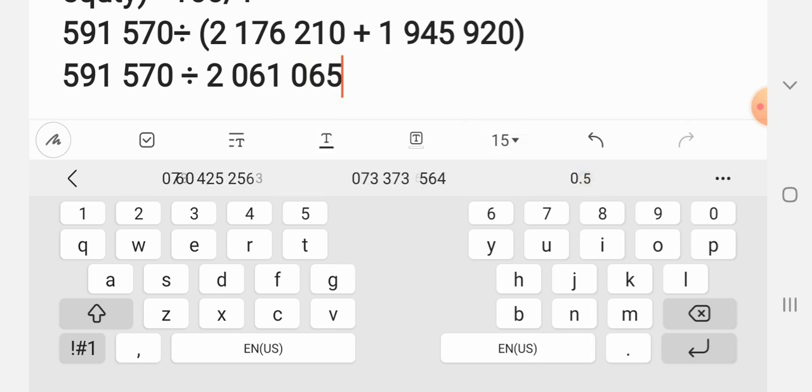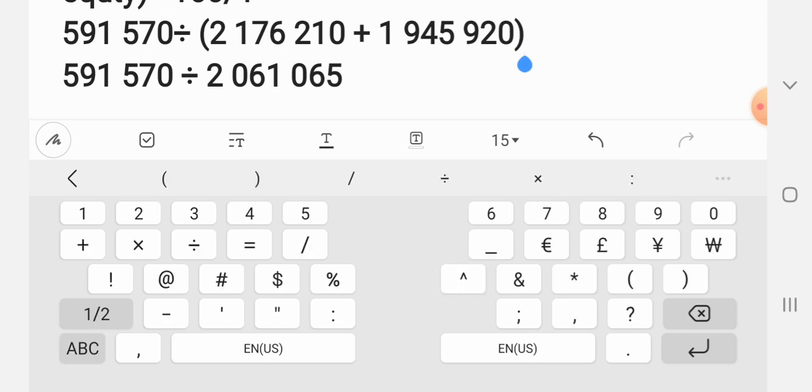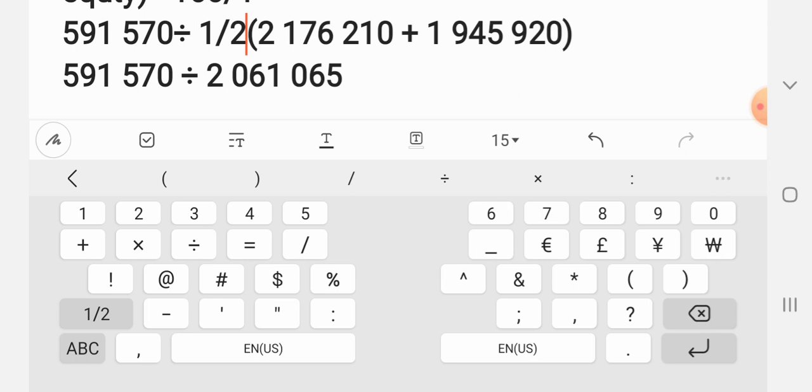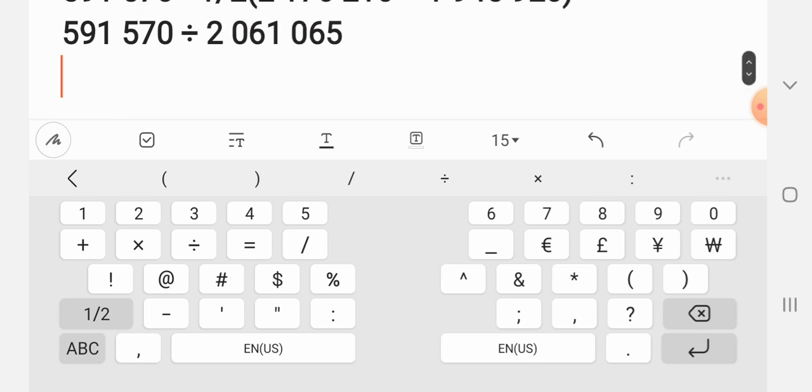So this part, we will add them together and then multiply them by 1/2 of this. This is the final one. And then we will times this by 100, divide by 1.